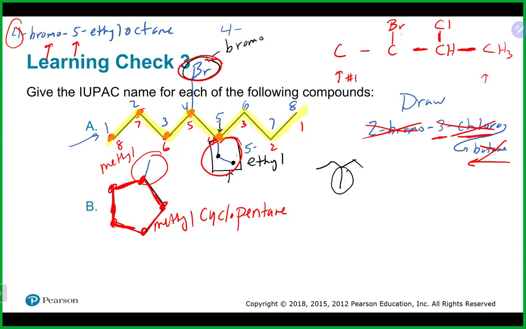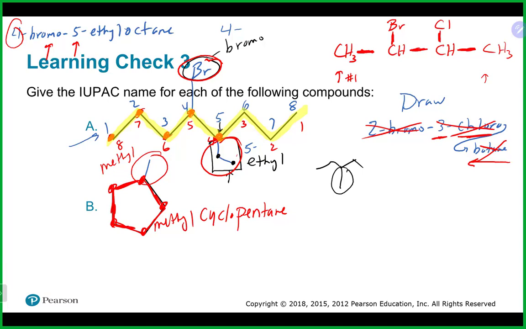The carbon next to it is a similar deal: 1 line, 2 lines, 3 lines, which means it needs 1 hydrogen. And lastly, the carbon on the left, my carbon number 1, has only 1 line coming in, which means it would need 3 hydrogens. And now we are done.